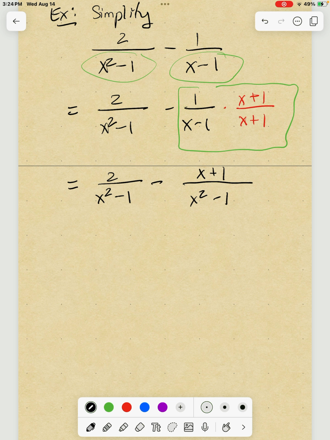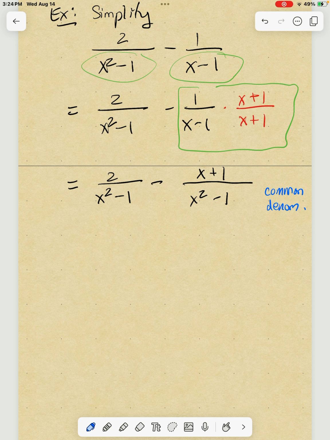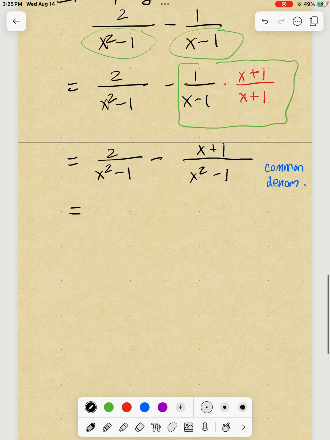Now here, I'm ready to subtract the fractions because I have a common denominator. And so I just combine them into one fraction with the same denominator.